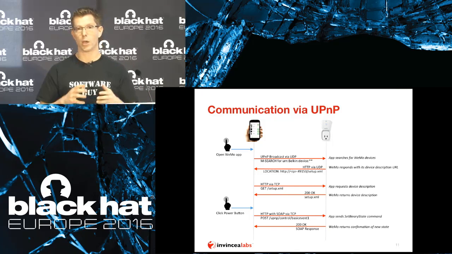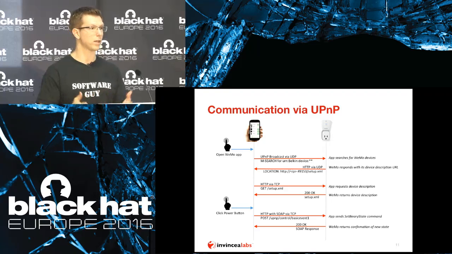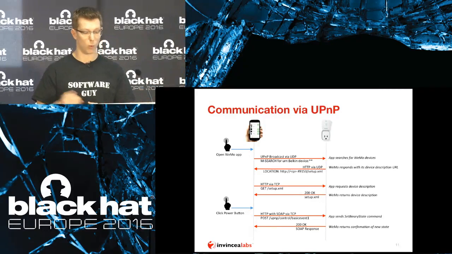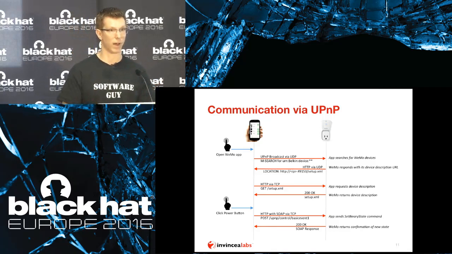Here's what happens. You open up the app, it sends out a broadcast UPnP message, which is essentially just an HTTP message over UDP to a broadcast address. It says, hey, where are all the WeMo devices? WeMo devices respond with a unicast UDP message, essentially another HTTP message, and it says, here's the location of my device description file.